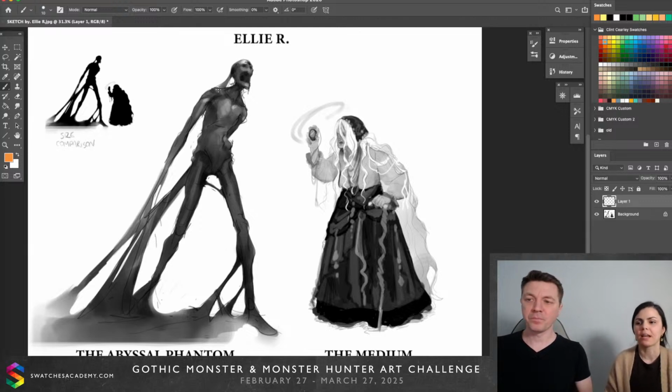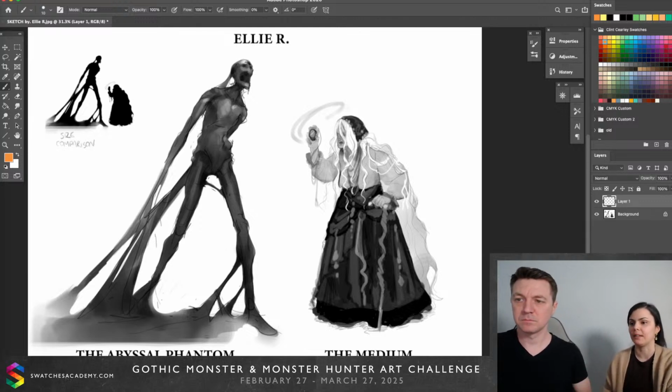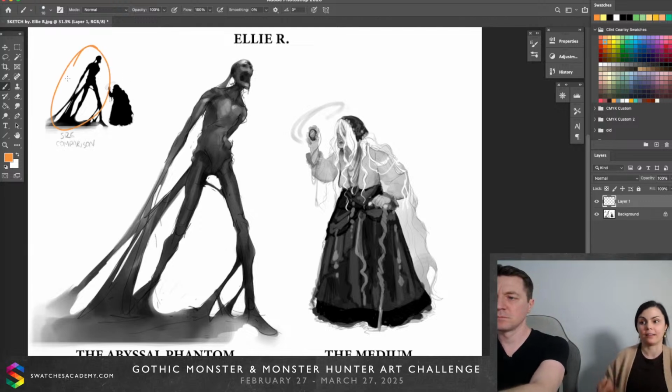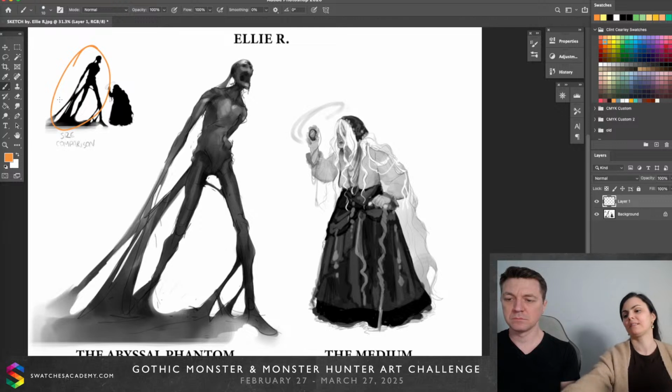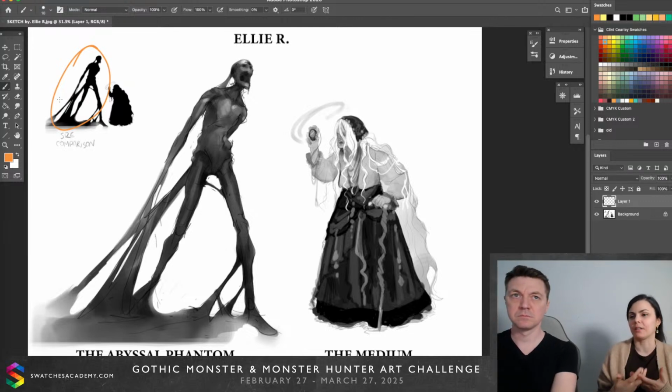Yeah. And it's great. I love this silhouette. I'm not saying change the silhouette, the silhouette is good. I like it a lot. I'd say keep the silhouette as is. It's working super well. But right now, the design is really not much beyond a silhouette.